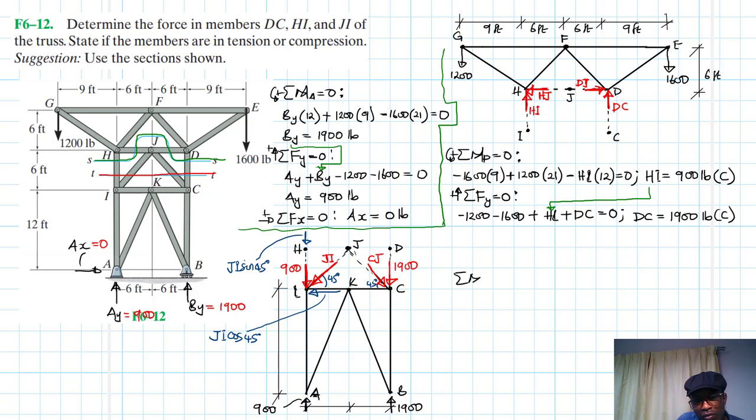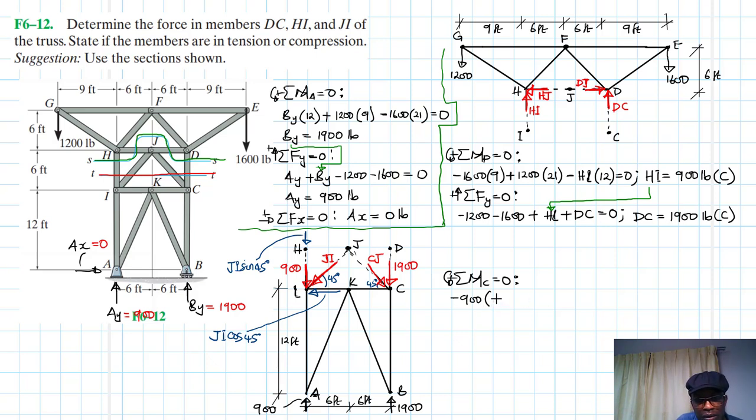So summation of moments about point C equal to 0, with clockwise being our reference. What do we have? Let's start from the support. Moments about point C will have a negative moment of 900 times... What are these dimensions? This is 6 feet, this is 6 feet, and this is 12 feet.